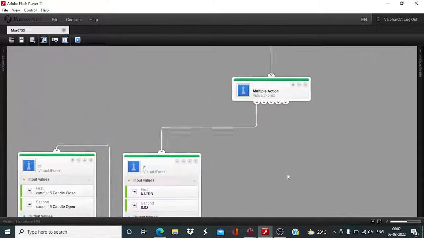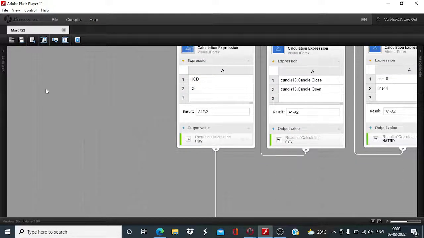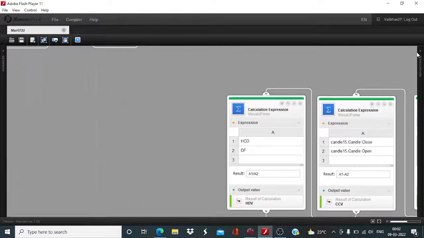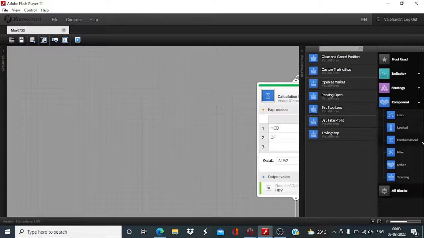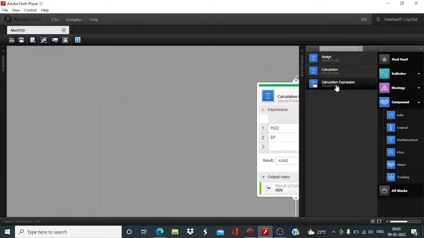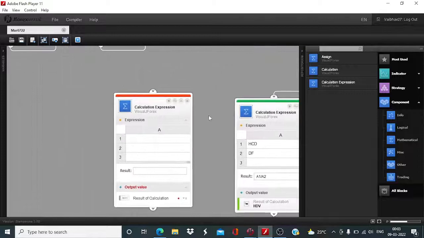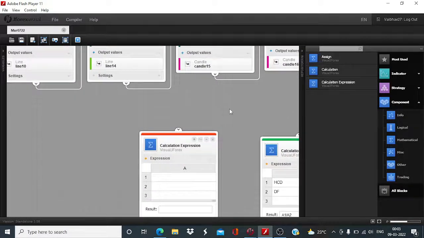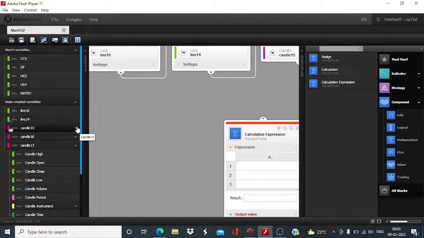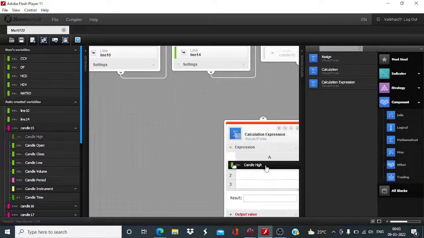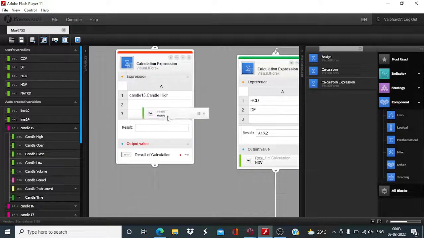So all we have to do is deduct this difference from the candle 15 candle high and we arrive at our opening price point. So again, calculation expression is required. Candle 15 candle high and this output value.